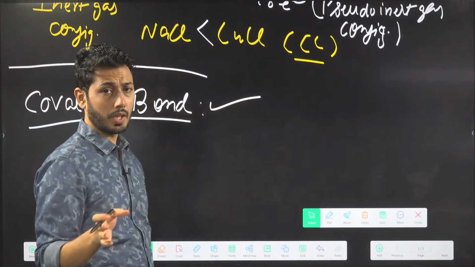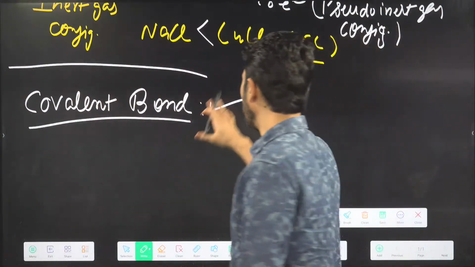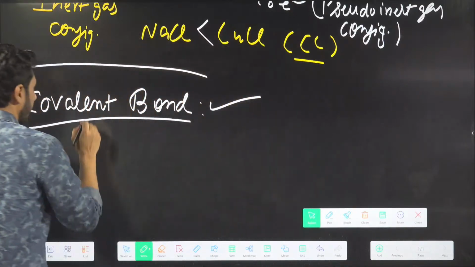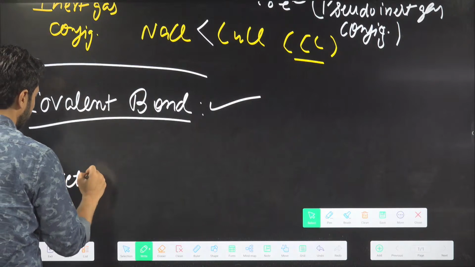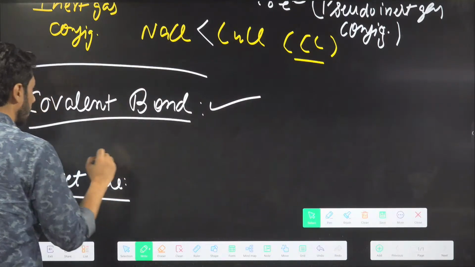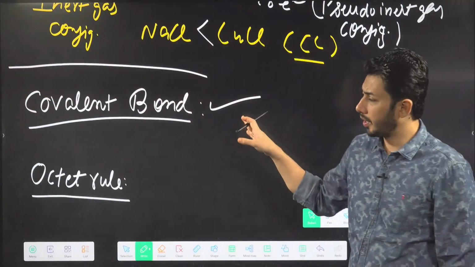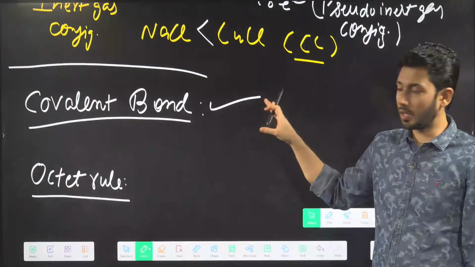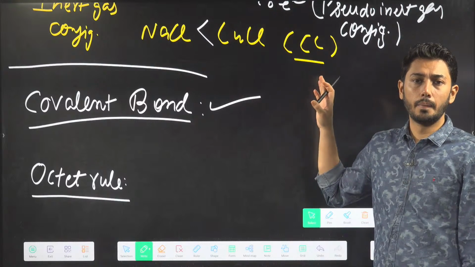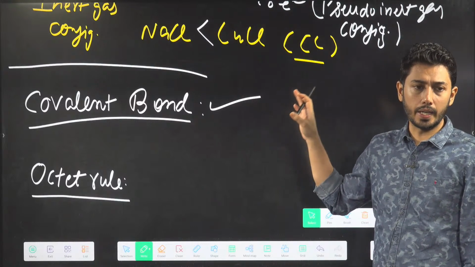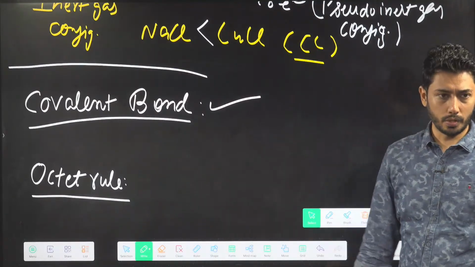Definition all know: the bonds which are formed by the mutual sharing of electrons between participating atoms are termed covalent bonds. The other term is the Lewis octet rule. So for covalent bond, if you want to write, you can write now, otherwise you can write after the class. Then you write directly the octet rule, Lewis octet rule.